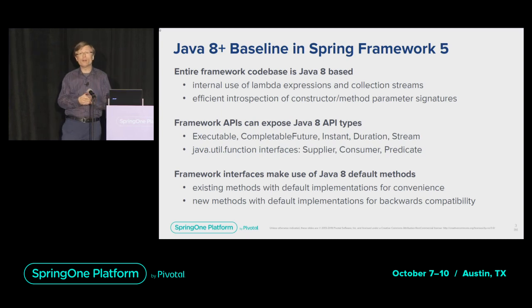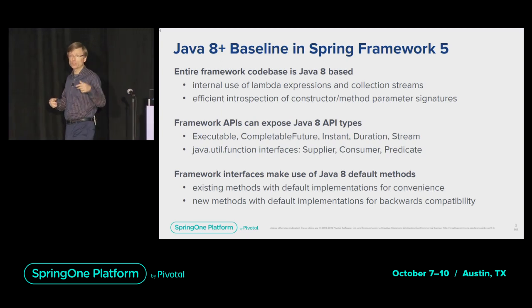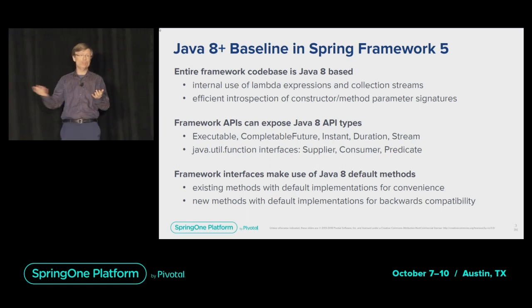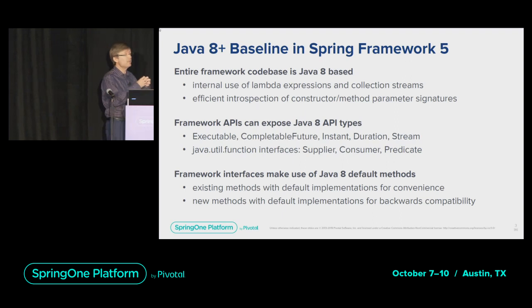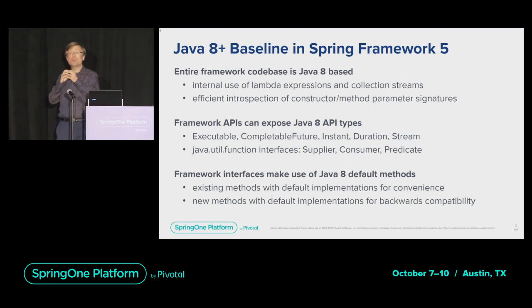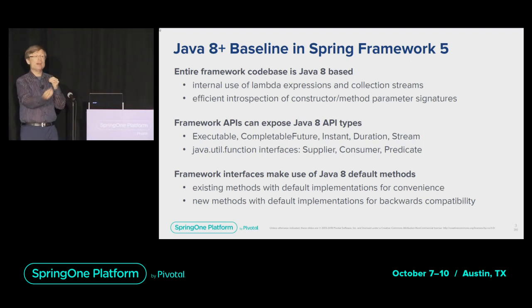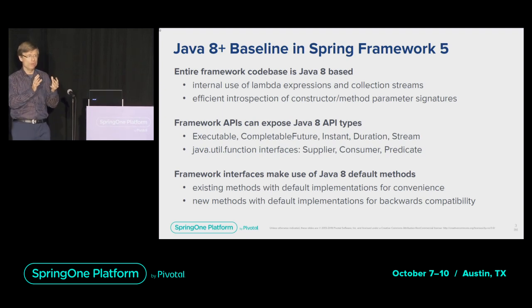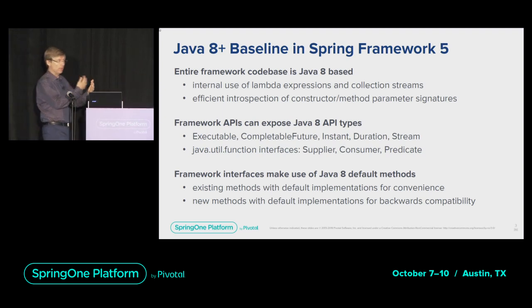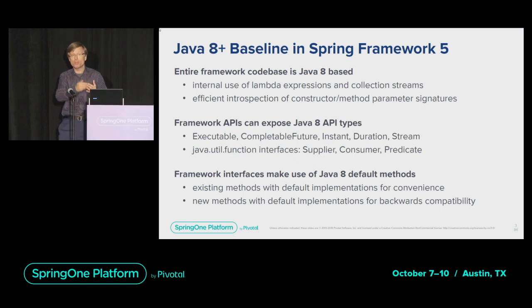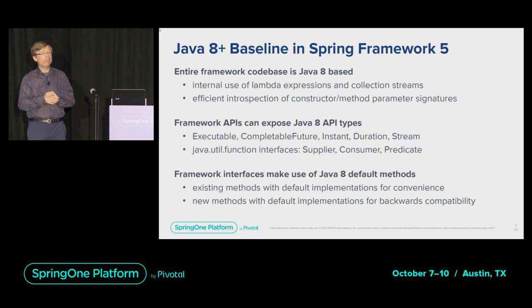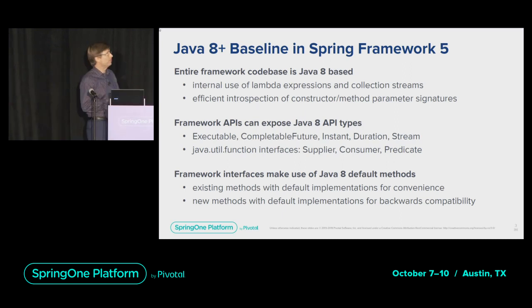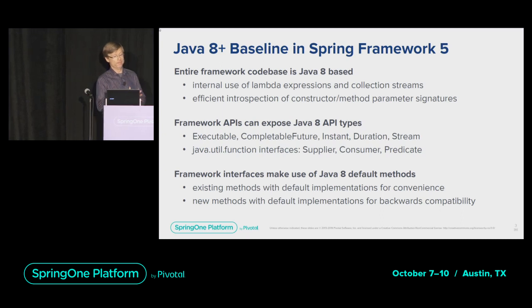Stuff like the java.util.function interfaces, CompletableFuture, the java.time types, Instant, Duration, and so forth. Collection streams, the Stream API, that we have these facilities available, that we're able to expose them from APIs of our own to your code for more sophisticated interaction according to Java 8 API conventions with Spring APIs that you're calling. This is really a very, very, very important enabler. More important than our internal use of lambda expressions and method references for sure.